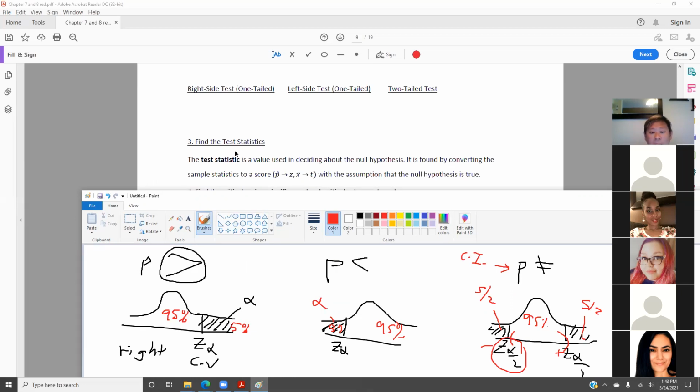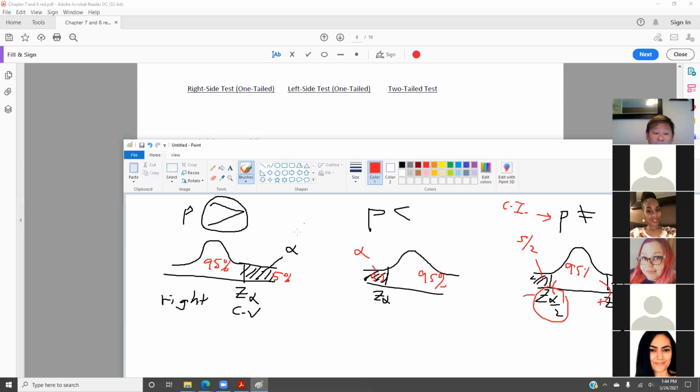Test statistic. Test statistic is where you find out a value that is deciding whether the null hypothesis in this case is true. So what is test statistic in this case? Test statistic is this value that you find, this Z value that you find.